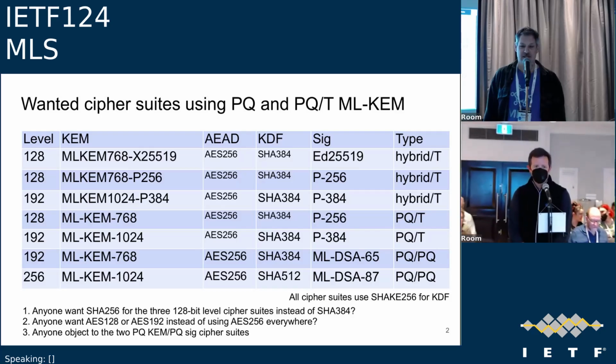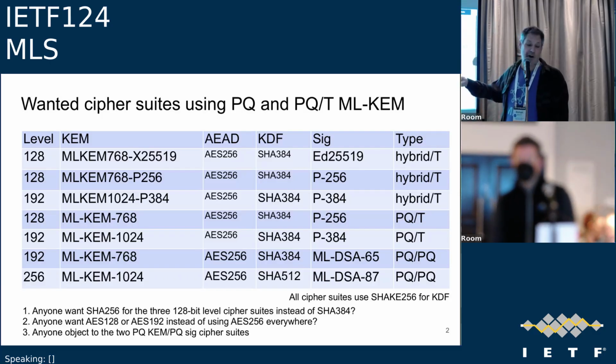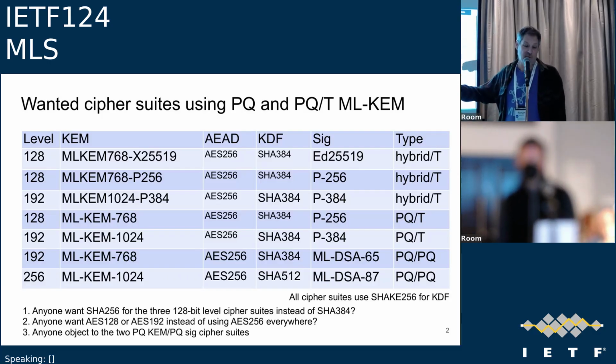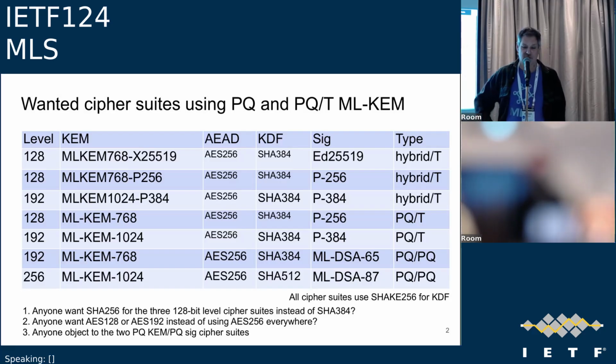I would amend that to say, let's not create multiple, let's just adapt that one. Well, this one would no longer be 256, and then we would have two pure post-quantum cipher suites at level 192. So Britta, let me ask that back to you. Do you want both SHA-384 and SHA-512 as options, or do you want one of them?